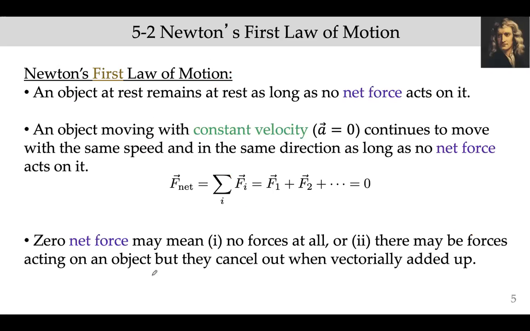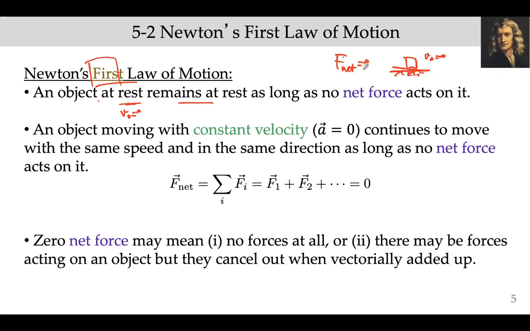Okay, let's start with Newton's first law of motion. This is the first one. What does it say? It says an object at rest, meaning velocity is 0, remains at rest as long as no net force acts on it. So you have a box. If the initial velocity is 0, it will always be 0 if there's no net force, if net force is 0.